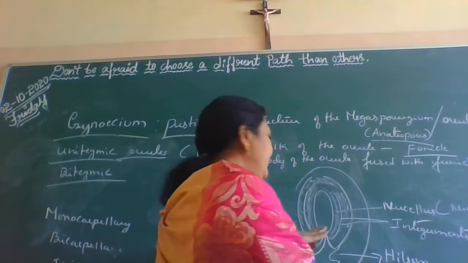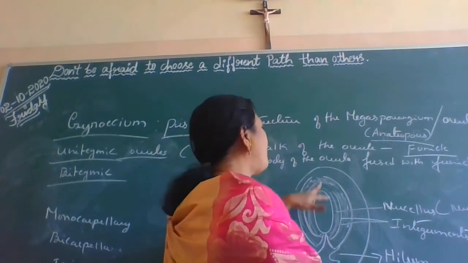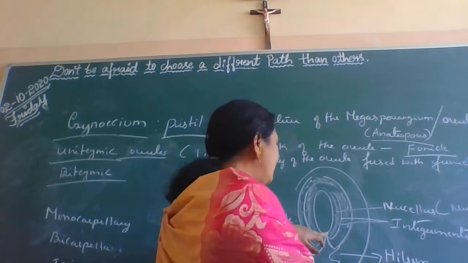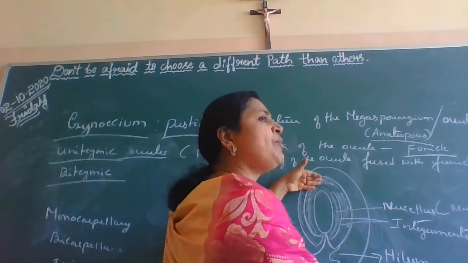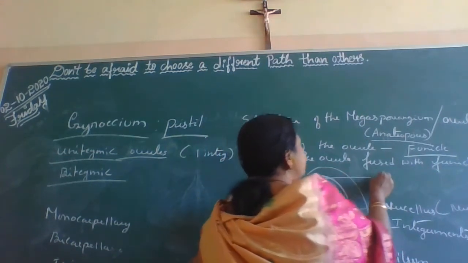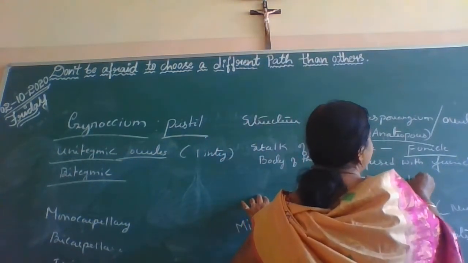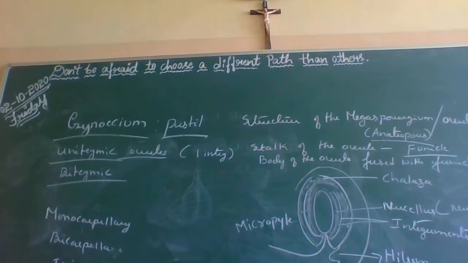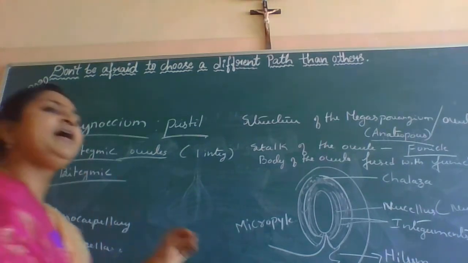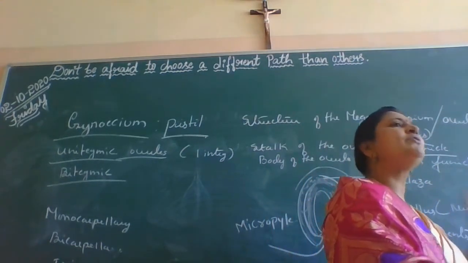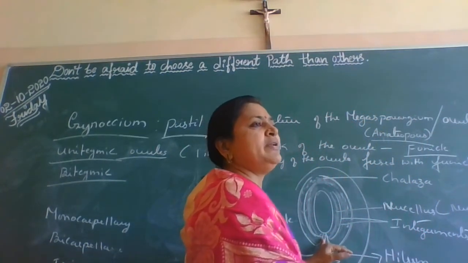Now, the region which is quite opposite to micropyle, imagine this is micropyle. The region quite opposite to micropyle, where actually these integuments arise, is called as chalaza. Always remember, chalaza is the region of the ovule where integuments arise, that is always opposite to the micropyle.